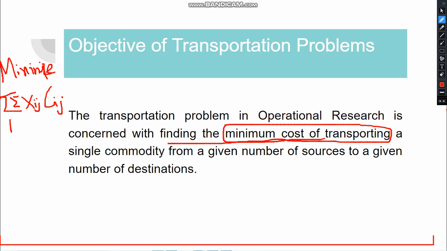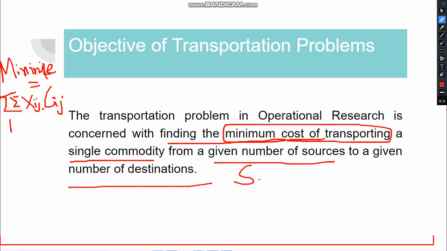You have to minimize the summation of xij, cij, the multiplication of xij and cij, by using some algorithms. So you are transporting a single commodity from a given number of sources to a given number of destinations, like the supply points and the demand points.